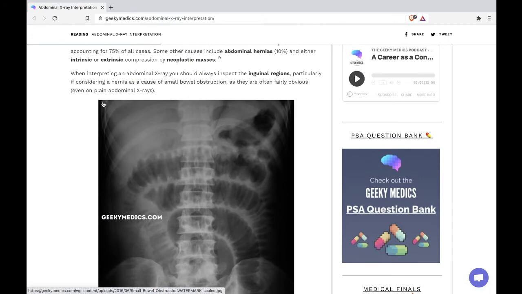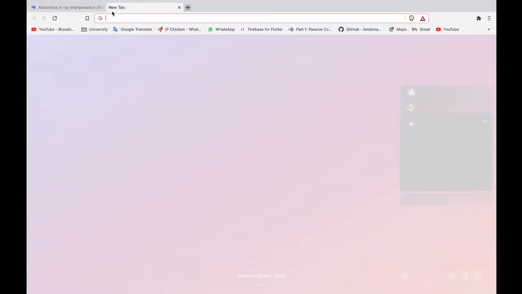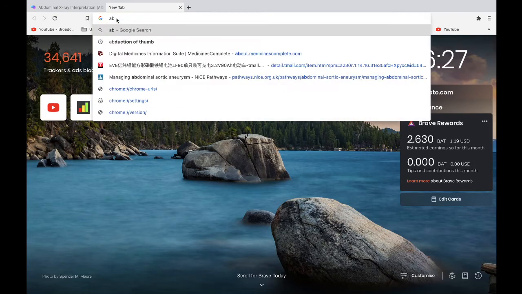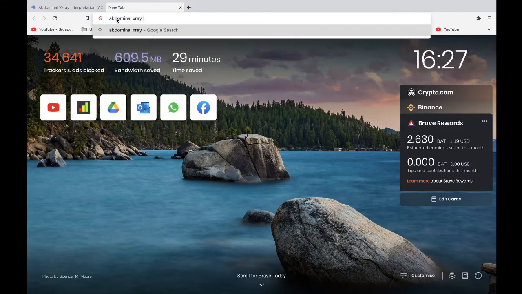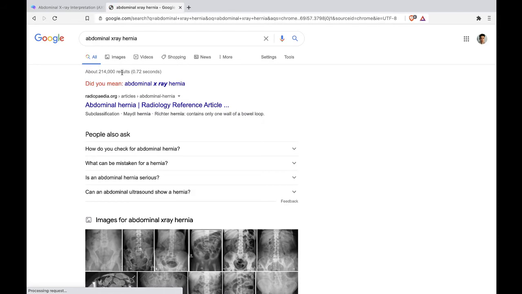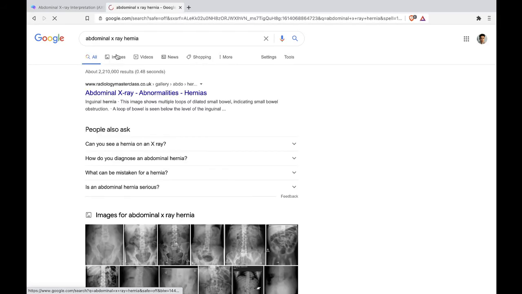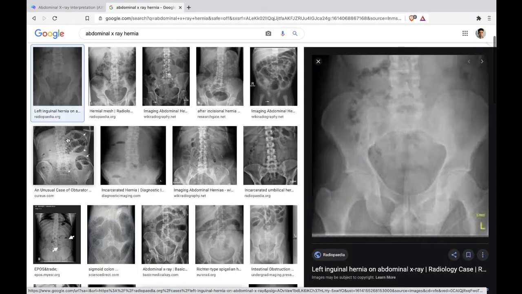I'm going to search abdominal x-ray of a hernia. So where is the hernia orifice in the abdominal x-ray?